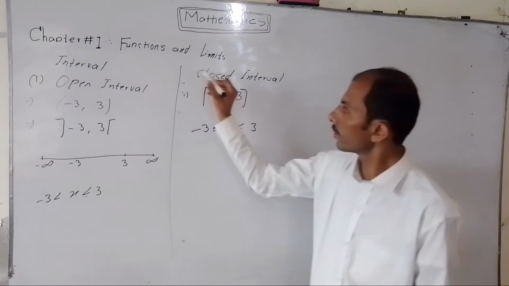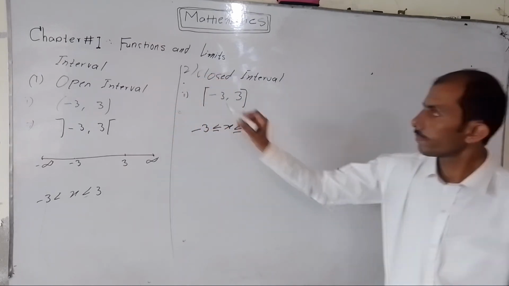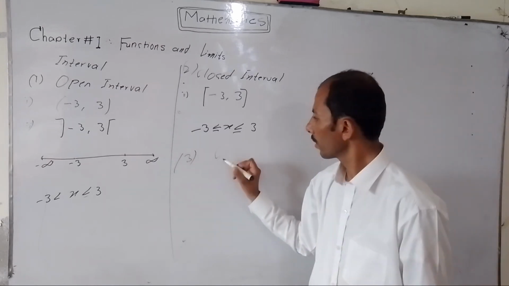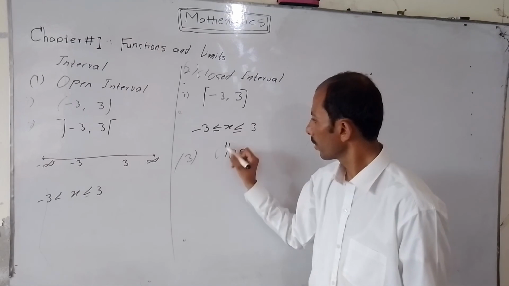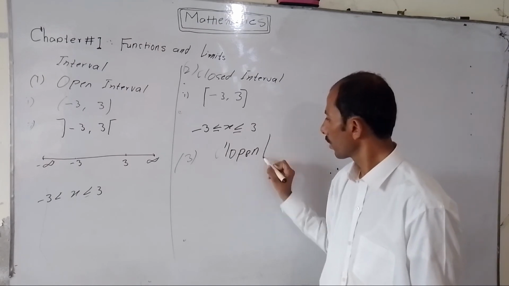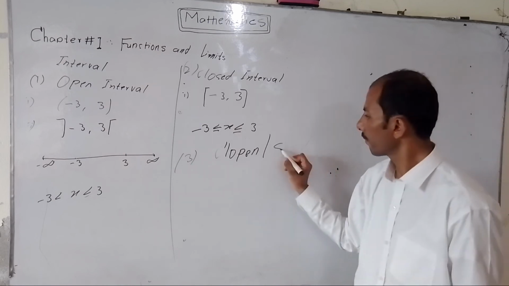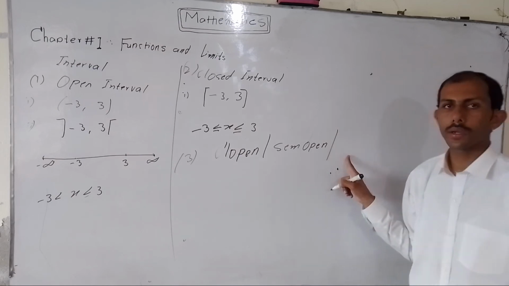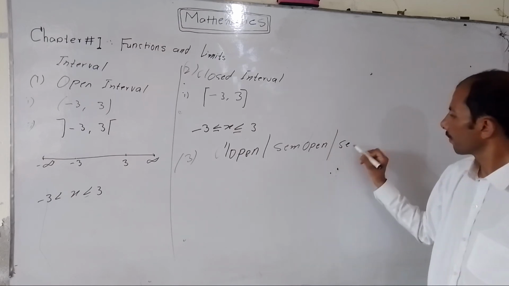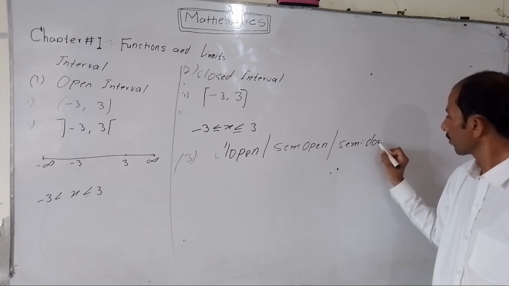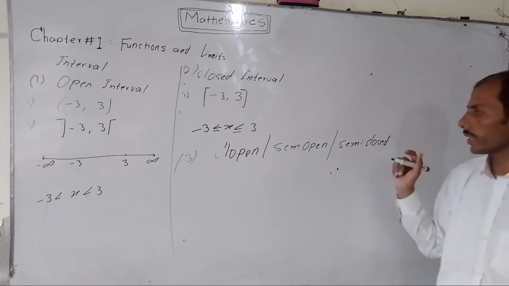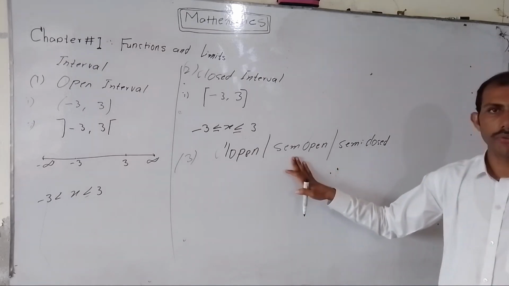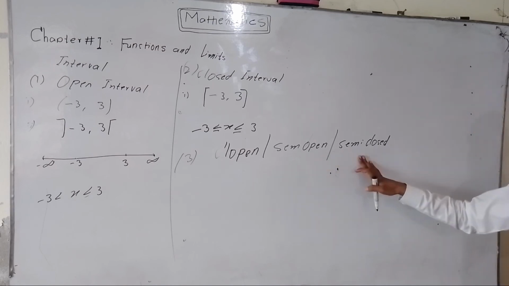Next, first, second, third: clopen, semi-open, or semi-closed. It means half open or half closed.